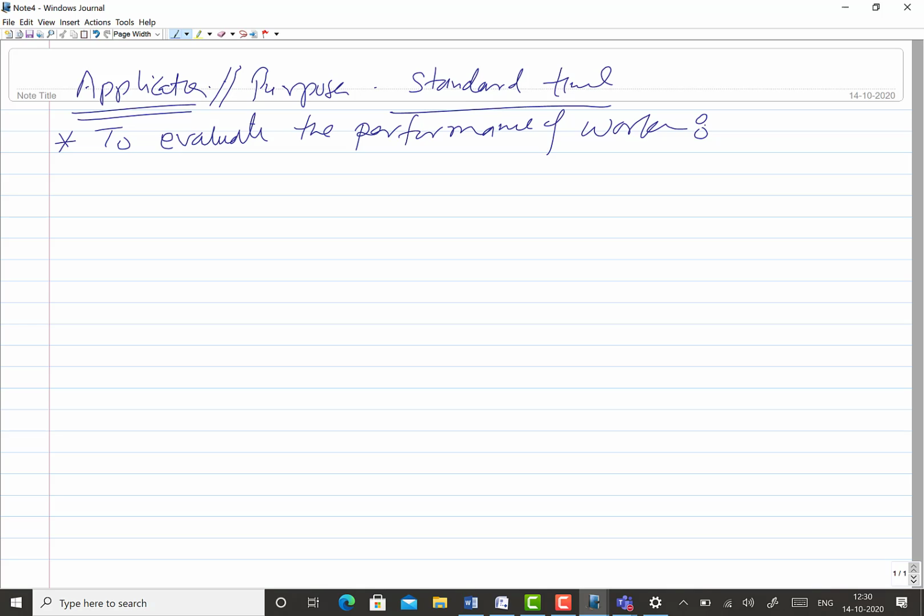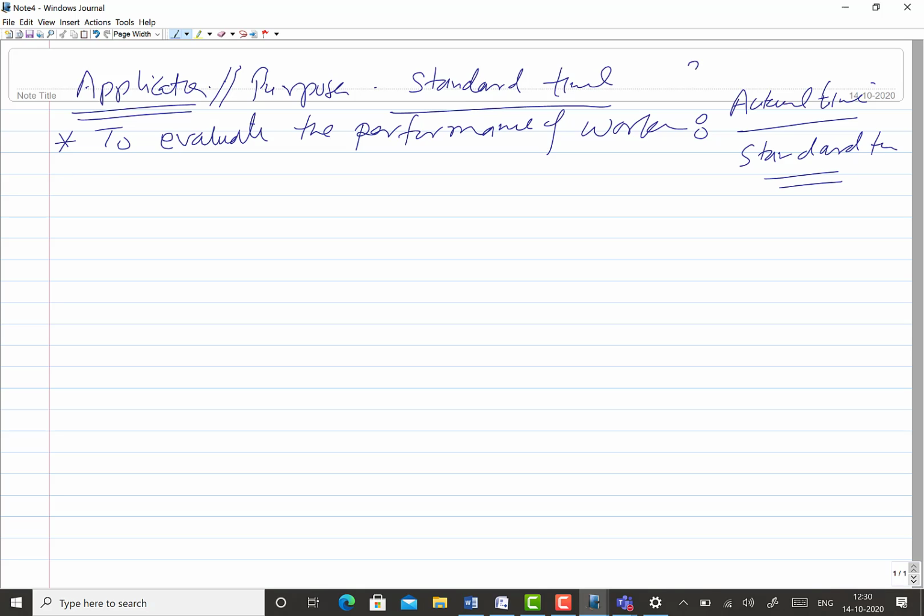Based on the actual time being taken by the worker with respect to the standard time, this will give you the kind of performance that is being delivered by the worker. How close the worker is to the standard performance or standard time.